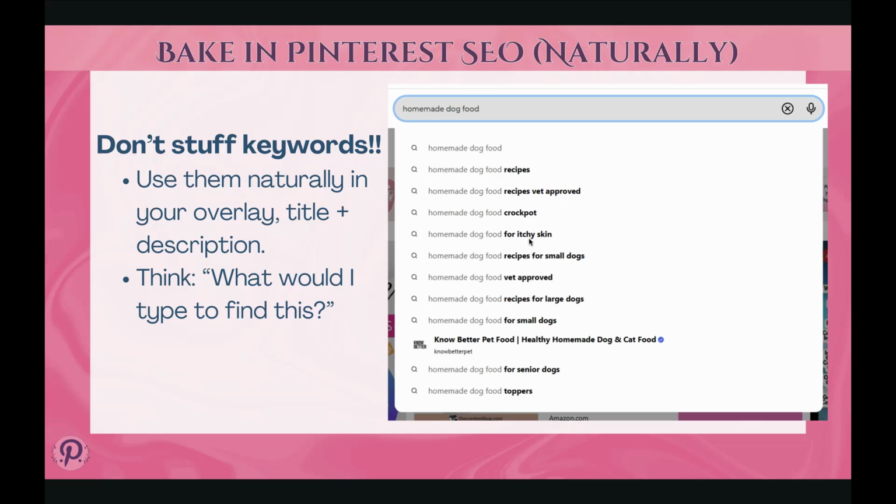So pick the one or two of these that you certainly want to rank for. So perhaps it is an itchy skin homemade dog food recipe that you can make in a crock pot, right? So we can weave those into our descriptions, our titles, our overlays in a natural and human way.